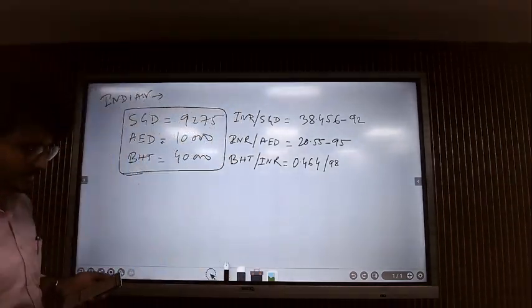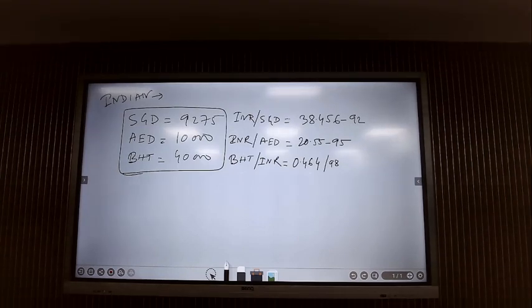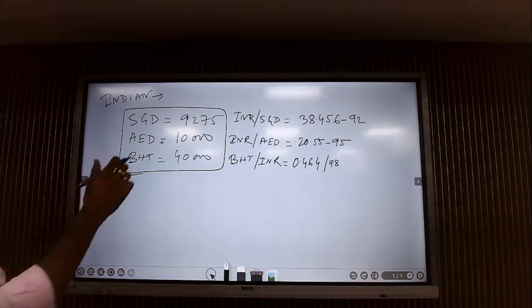This is the exchange rate, and the budget for any of the foreign trip is INR 1 lakh.